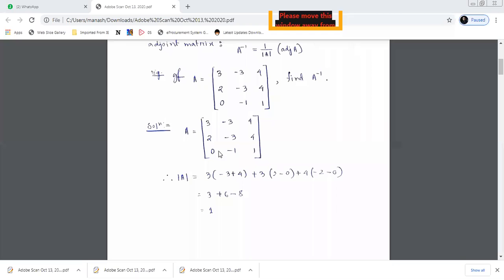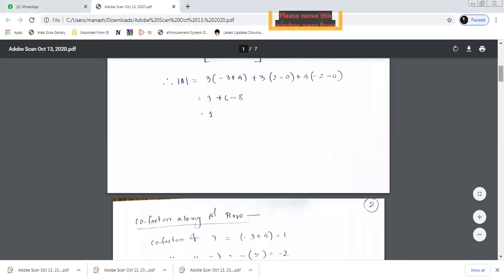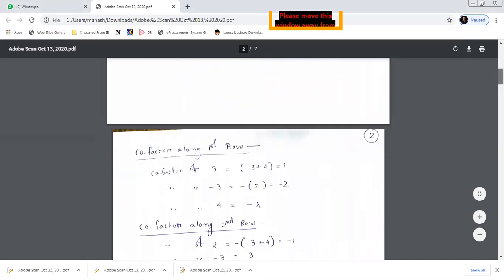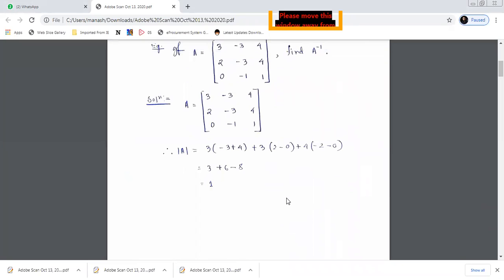This is 2 minus 4 into 0, it will be 0. Plus 4 into 2 into minus 1, it is minus 2. Minus 0 into minus 3, so it will be 0. So you got the determinant of A equal to 1, which is not equal to 0. So at first we found the determinant of A, which is not equal to 0. So that's why A inverse exists.